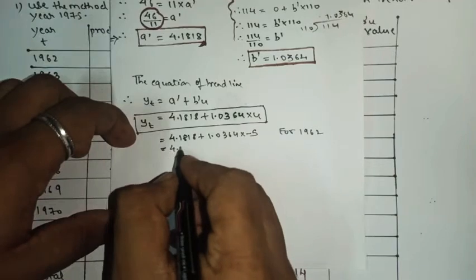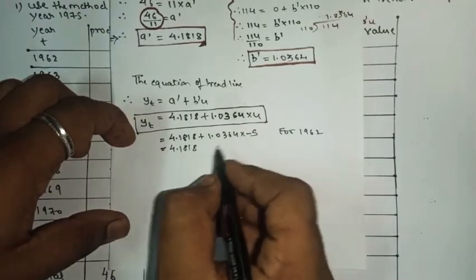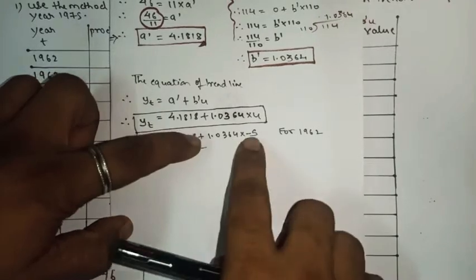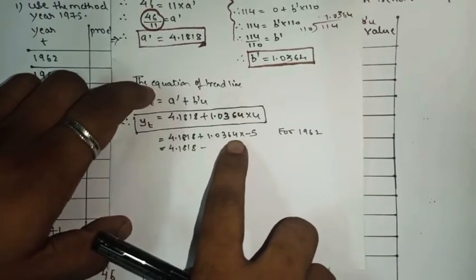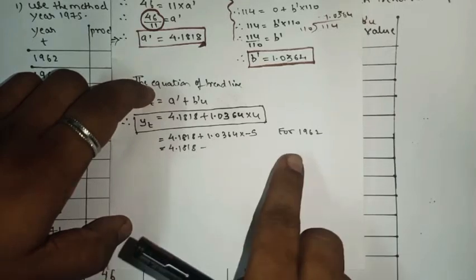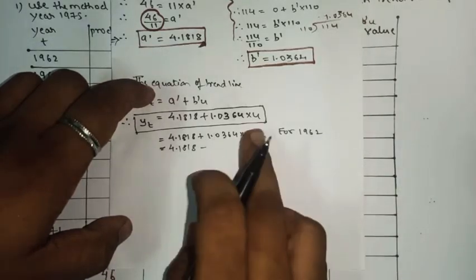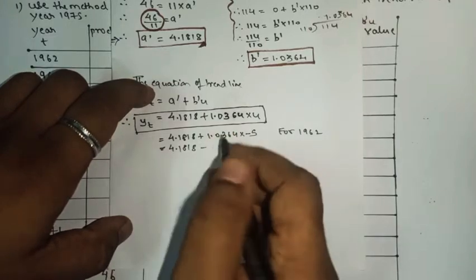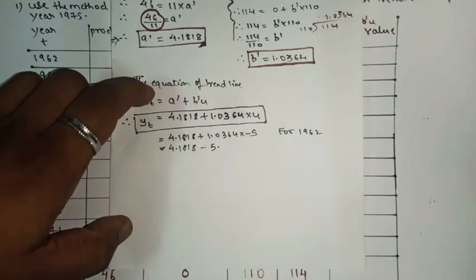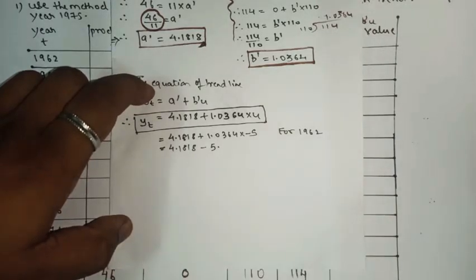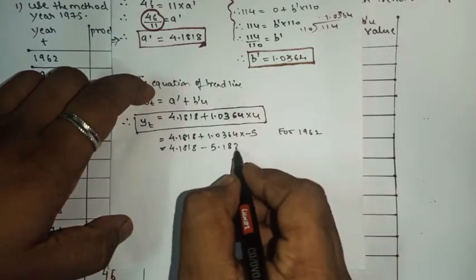So here 4.1818, so plus minus is minus. So when you will multiply this part, which one? 1.0364 into 5. So 5 fours are 20. When you will multiply, 5 ones are 5, 5 threes are 15, 5.181. So this will be 5.182.